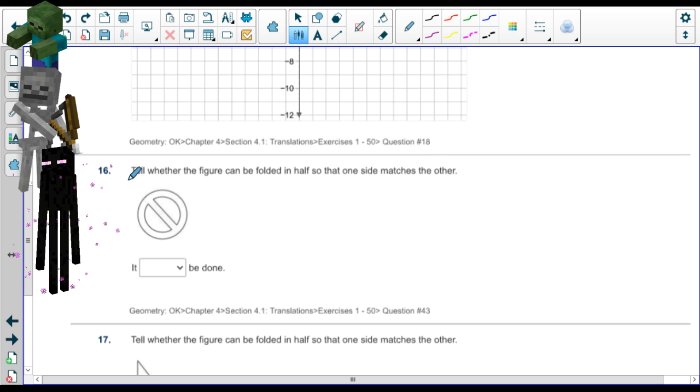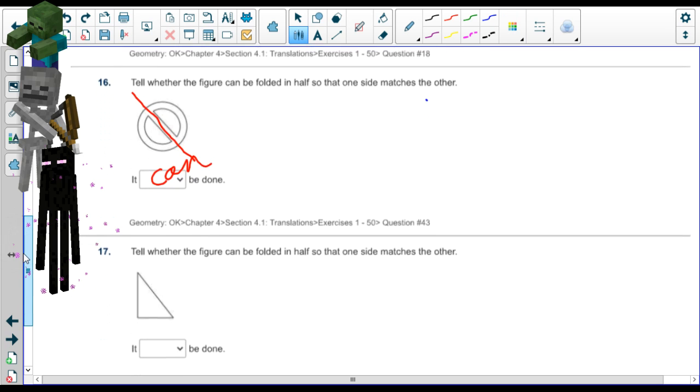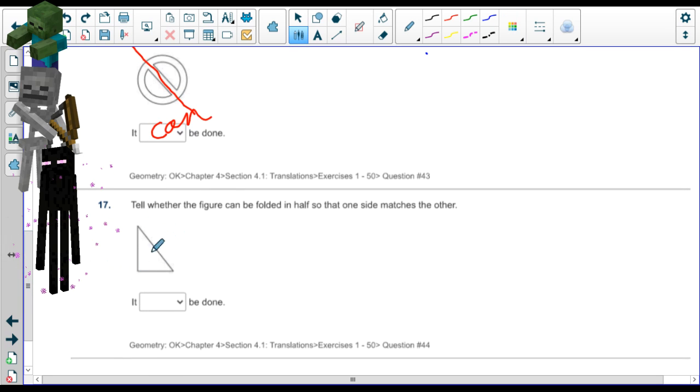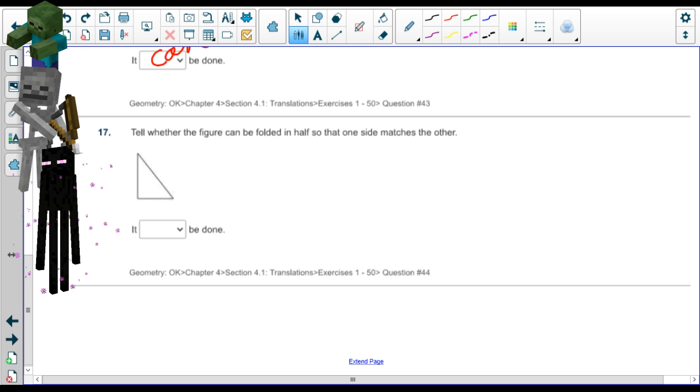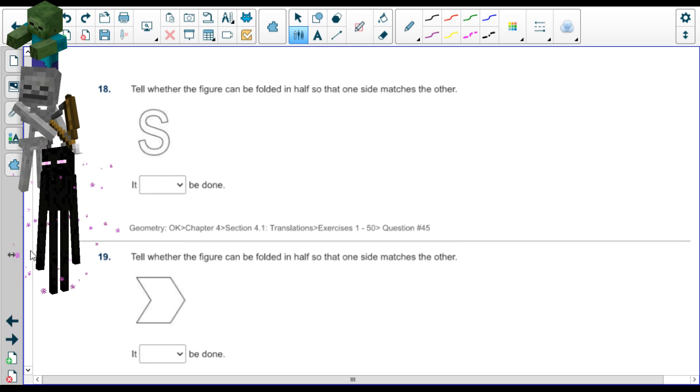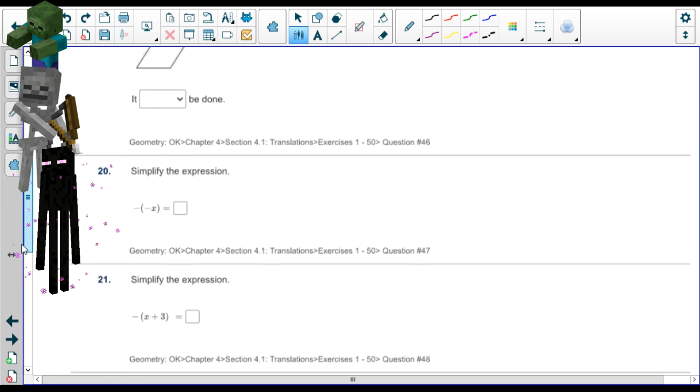Well, clearly, if you can find some way to fold it, like if we've creased it and folded it right there, yes, you could fold that over. So that's what you're looking for, is can you fold those over or not. Same thing here. Would there be any way where you could find some line of symmetry, a line where you could fold that over, and it's basically yes or no, whether you can do that or not. So I'll let you work through those.